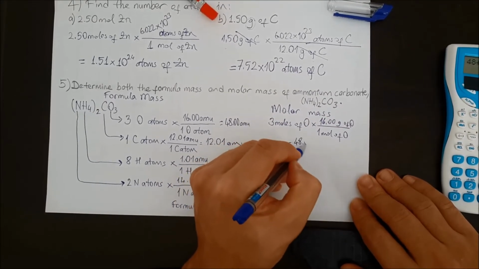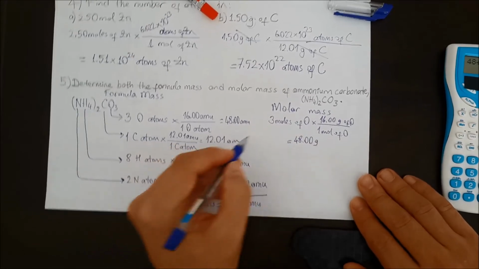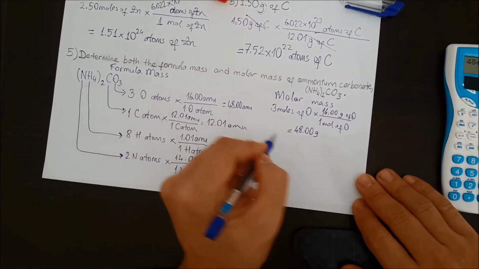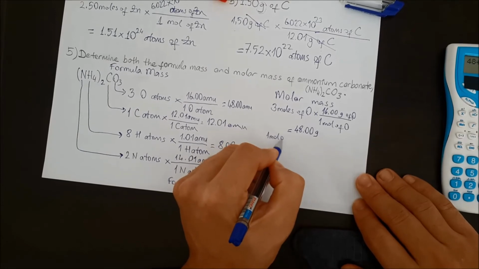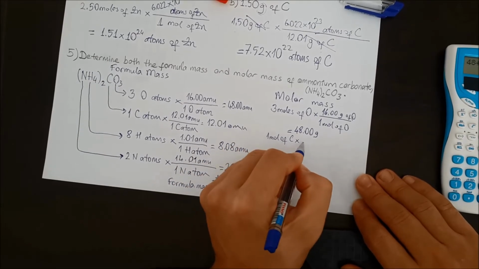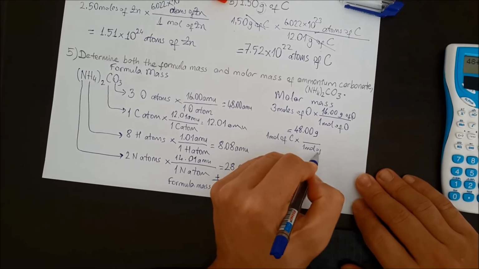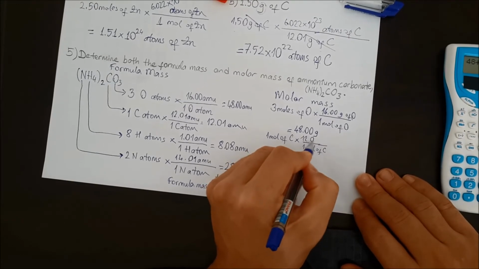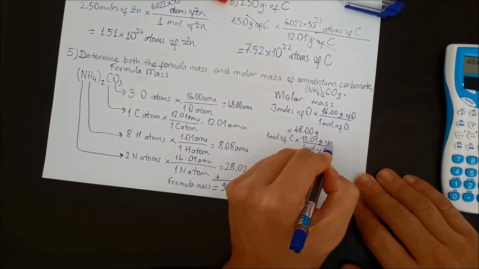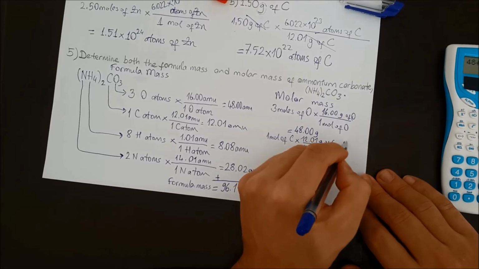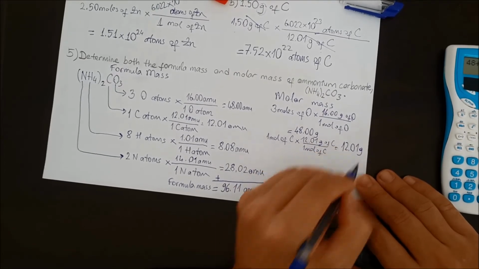They make 48.00 grams. Look, and I have 1 mole of carbon. 1 mole of carbon, directly we can write, it makes 12.01 grams of carbon.